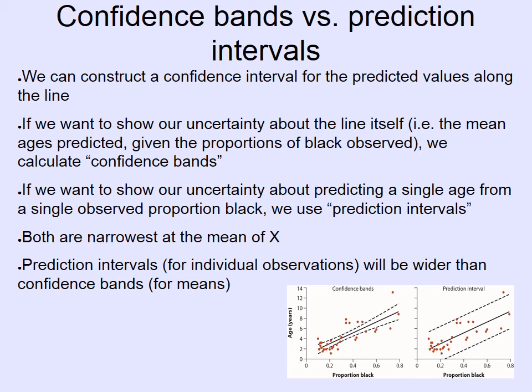But what the prediction interval is showing us, if we want to predict a single value of y from a single value of x, is that we're going to have more error and uncertainty. We're going to be less good at predicting a single y from x than at predicting overall trends. Even though that's often what we do in a simple linear regression, we just have to understand that there's more error and uncertainty around it.